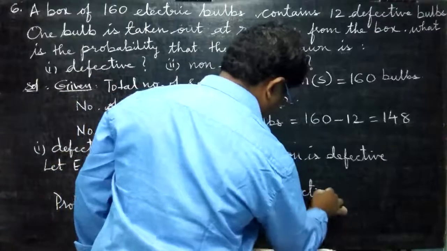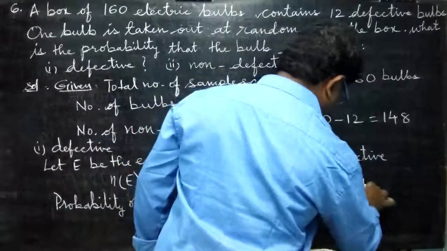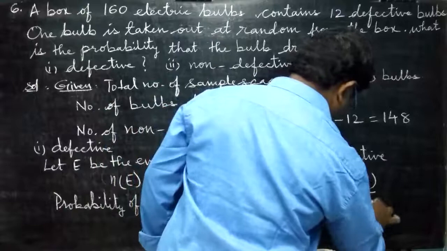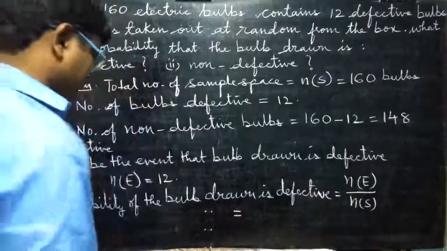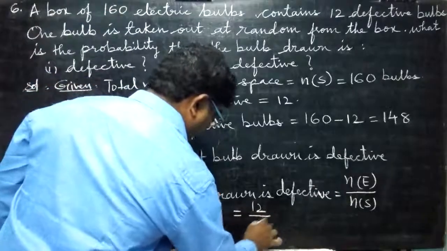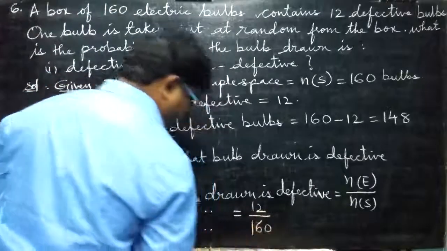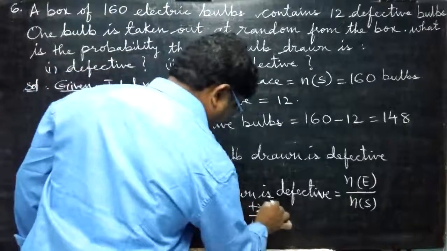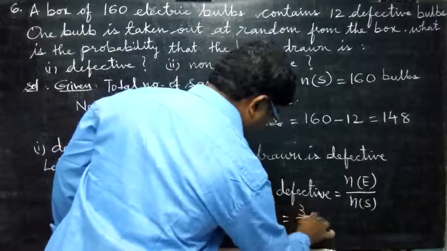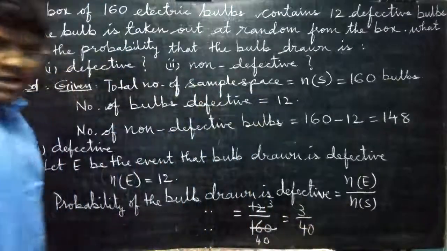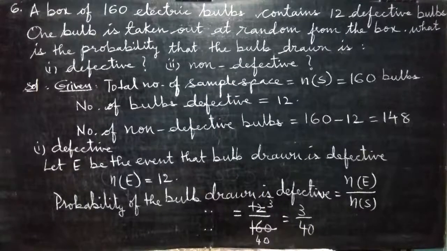That is equal to N of E by N of S. N of E means 12, 12 by N of S is 160. 4 table. 4 goes 3 times. 4 4s are 16, 0. So 3 by 40. Therefore, the probability of the bulb drawn is defective is equal to 3 by 40.